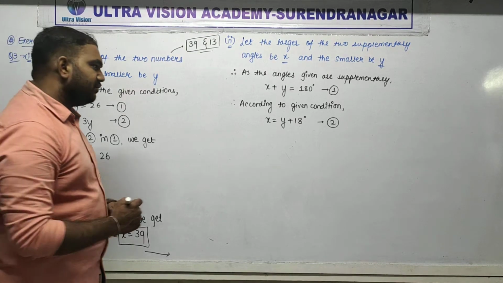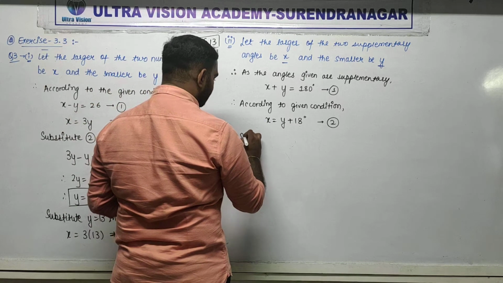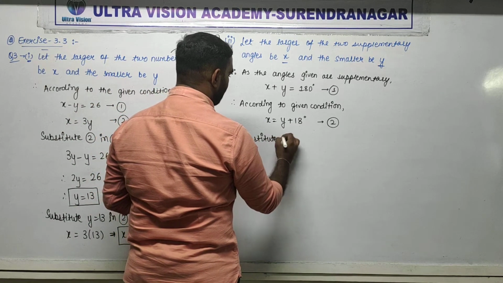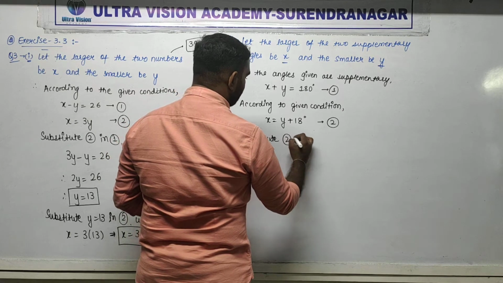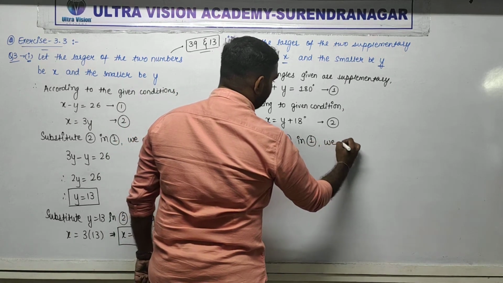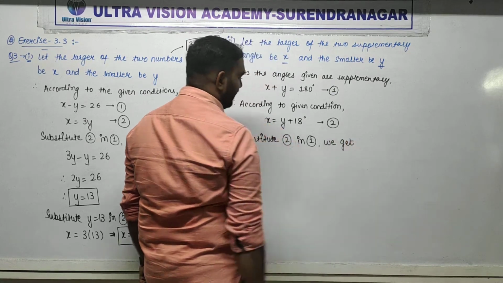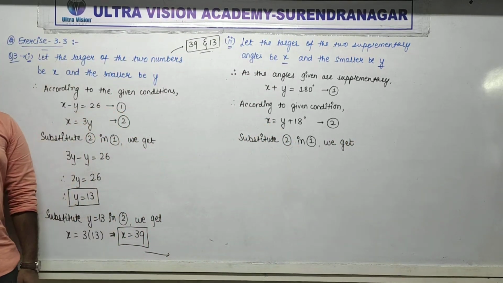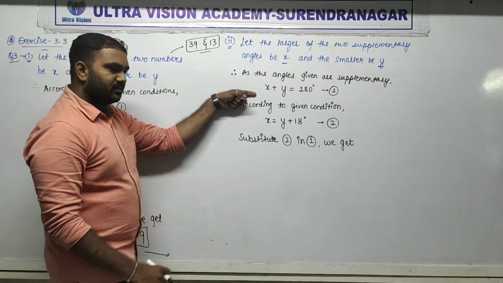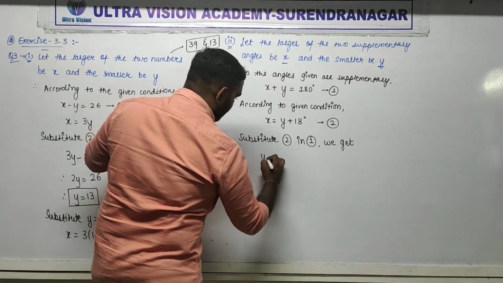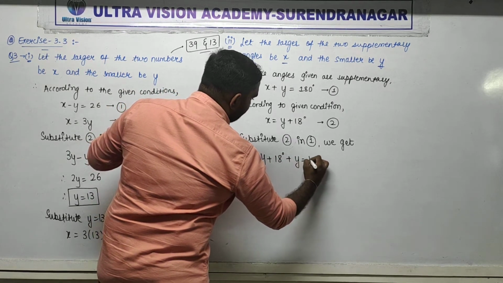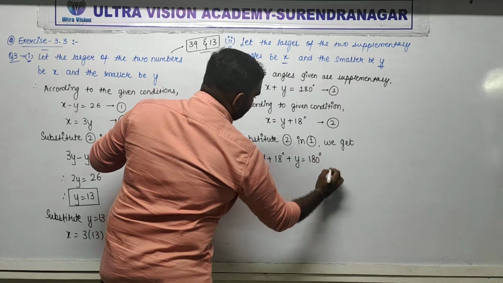So substitute equation 2 in equation 1. We get y plus 18 plus y is equal to 180.